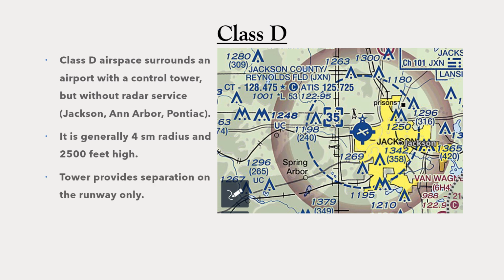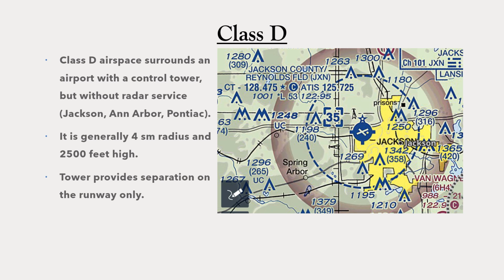So the control tower is providing separation on the runway at the airport. They're not necessarily separating traffic from each other every place in their airspace, although they do tend to help you find each other.